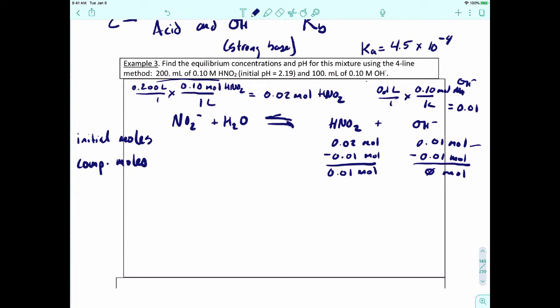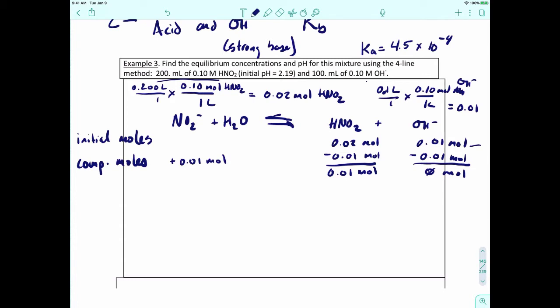Okay. Now, the only difference between this problem and what we did previously is that previously we just had water as the reactants and we didn't have to worry about this. Now, you actually do have a conjugate base that you've got to worry about. So if we used up 0.01 moles of hydroxide, that means now we've gained 0.01 moles of NO2 minus.